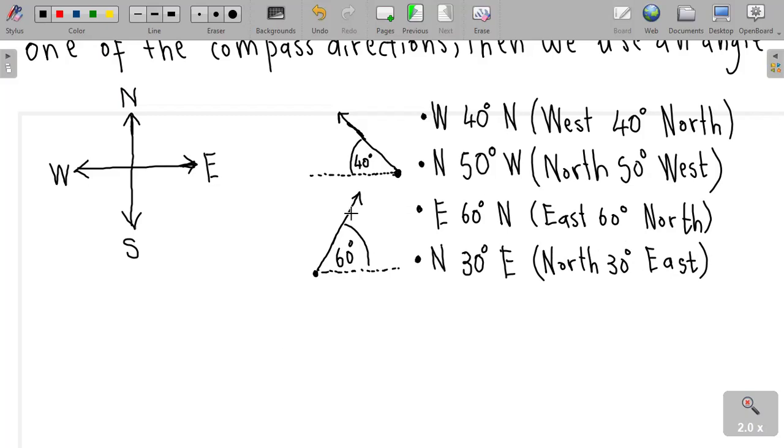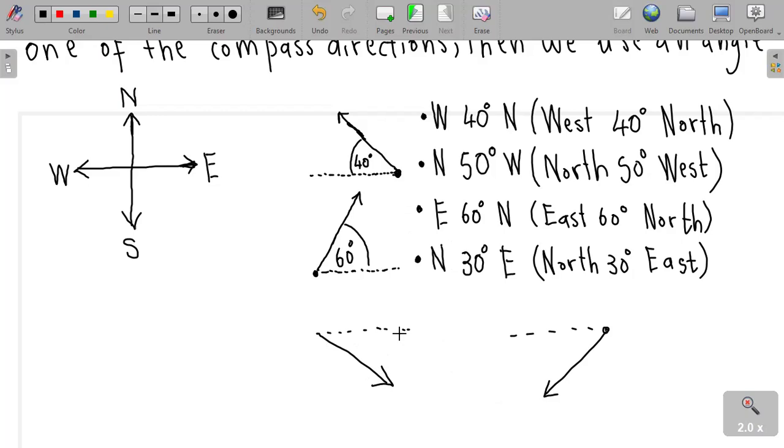So these are examples. You could also have another example, for instance an angle going like that, or an angle going like that, in which case the arrows are pointing south. So we would have a south somewhere here. In the examples that I gave, there was a north direction only.